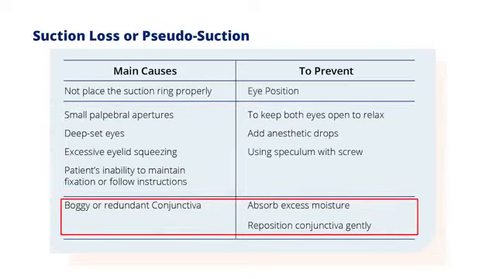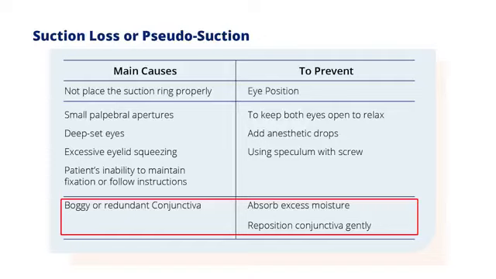Bulgy and loose conjunctiva is easily entrapped into the suction ring and causes pseudosuction, in which you may hear a hissing sound and feel loose fixation of the suction ring on the eyeball. You may check the ring to make sure whether the suction is good or not.